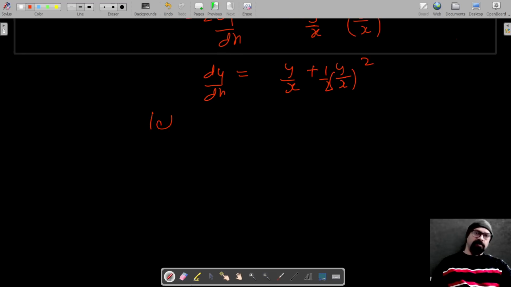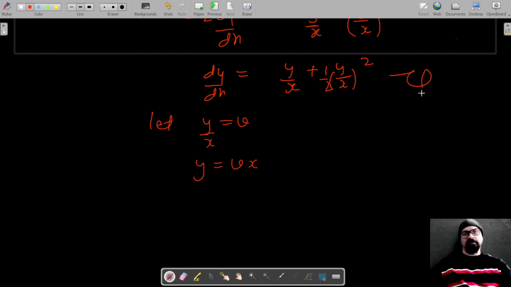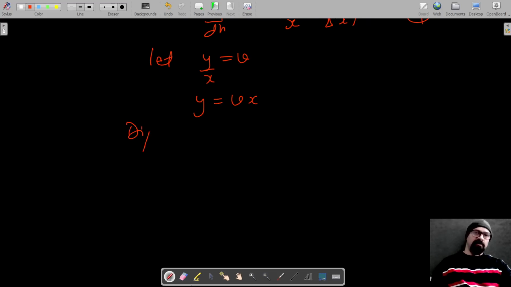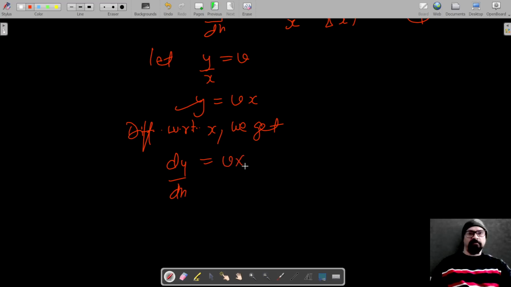So let's make the replacement or the substitution here. Let's replace y by x is equal to v, which gives me y is equal to vx. So this is our equation 1, and differentiating this substitution with respect to x, we get dy by dx, and for this the product rule, so v into differentiation of x plus x into differentiation of v.